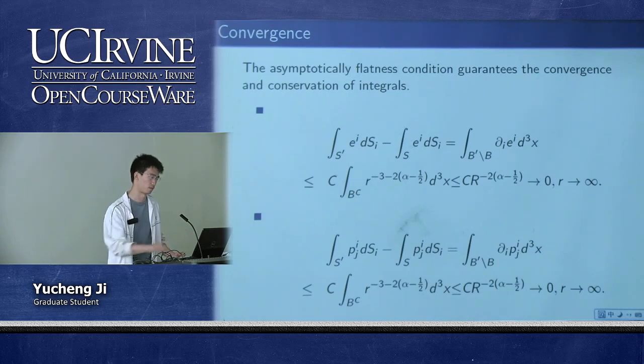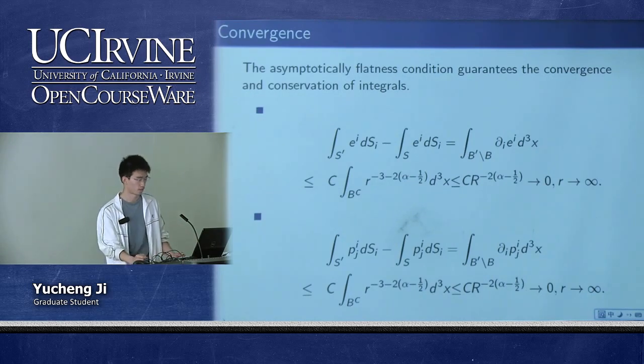The first is about the energy. When r goes to infinity, this formula shows that the integral is convergent. The second one is for linear momentum. The asymptotic flatness condition, the rate of decay of the metric in r, guarantees that those two integrals are convergent.